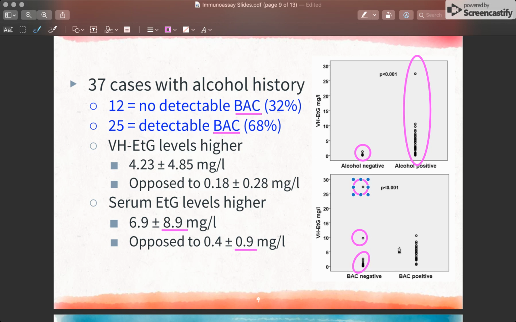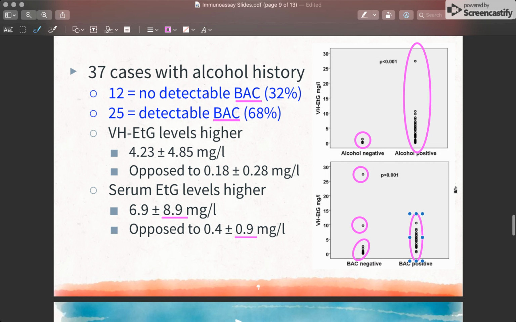And so on the positive side, we see mostly a trend of these higher ones, but nothing way up here. So overall, we're seeing these higher results kind of randomly here, which is just supporting the idea that the blood alcohol content was maybe not the best way to show if there was ETG in the blood, because the VH-ETG was not quite lining up there.